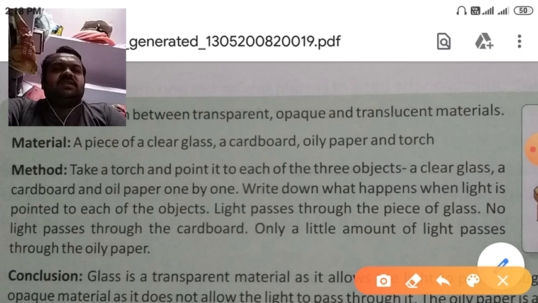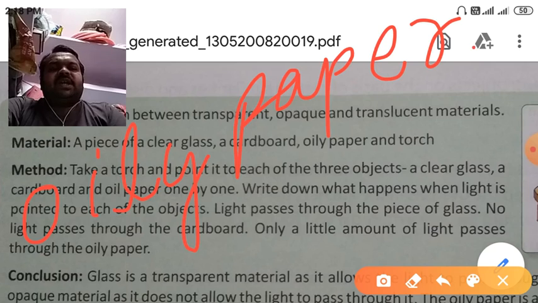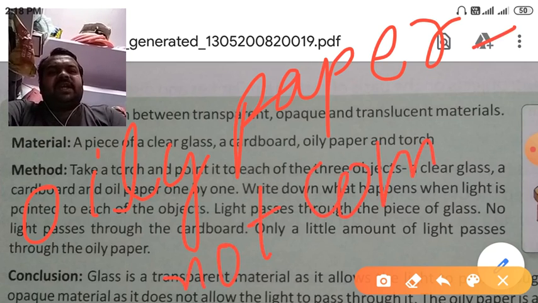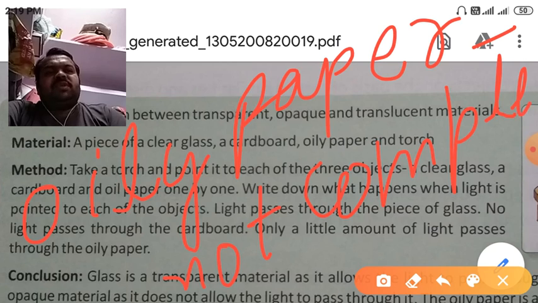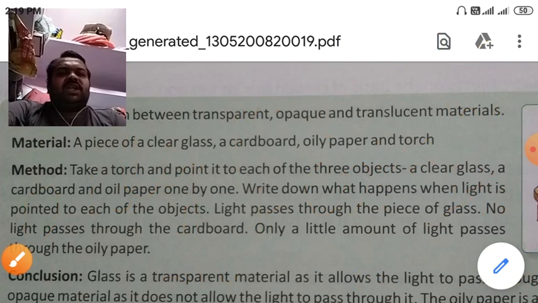And third is oily paper. Can the light pass through the oily paper? Light can pass through the oily paper, but not completely.